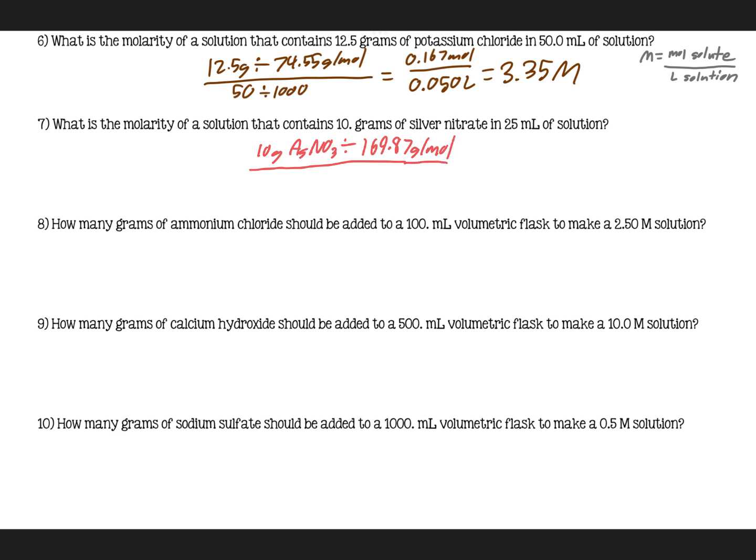This will give us our moles. Then, in order to get our liters of solution, we will need to take 25 milliliters and divide by 1,000, because there are 1,000 milliliters in a liter, and that will give you the number of liters. Divide these to get that there is a 2.35 molar solution.